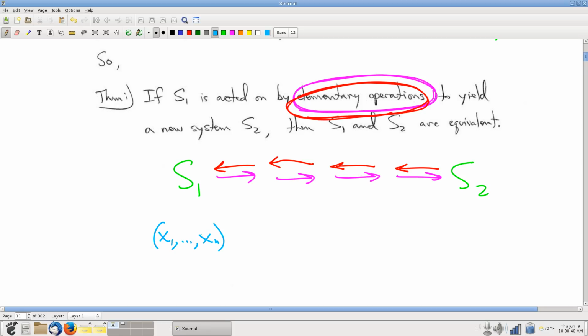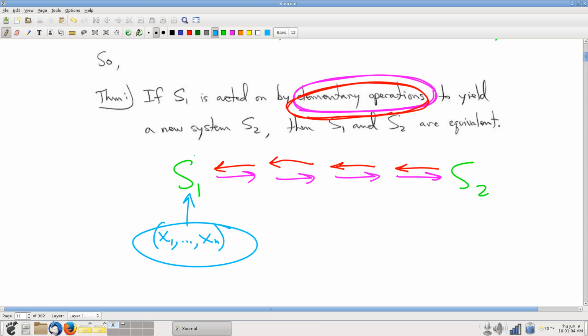And suppose that those solve that system of equations. So when you choose these values of x, suppose it follows that that system of equations is satisfied.